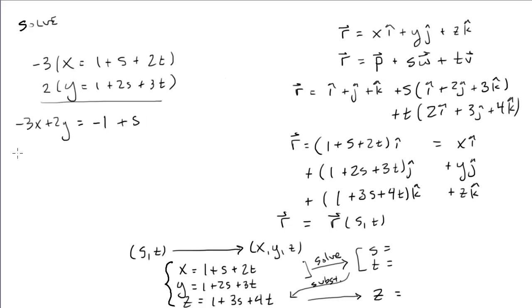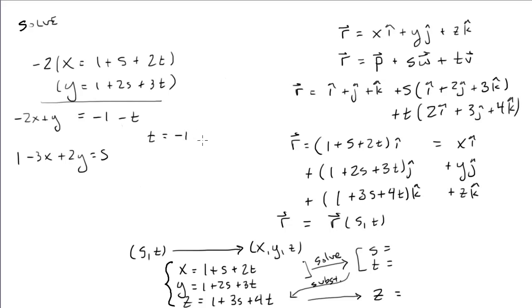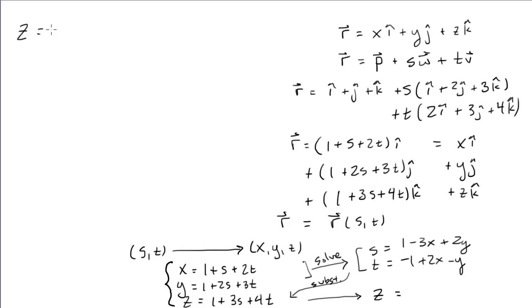And the t's disappear. Isolate s. Now I'll do the same for t. Isolate t. So the first two equations rewritten, solving for s and t, are substituted in the third equation. No more parameters. Collect my variables.